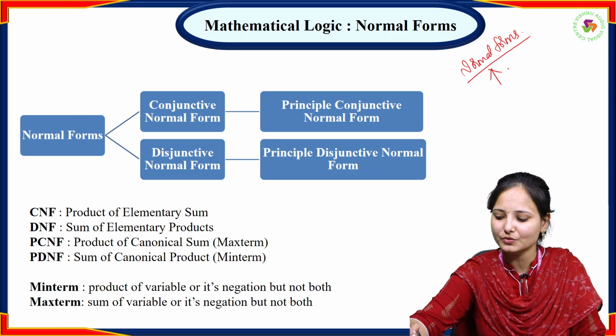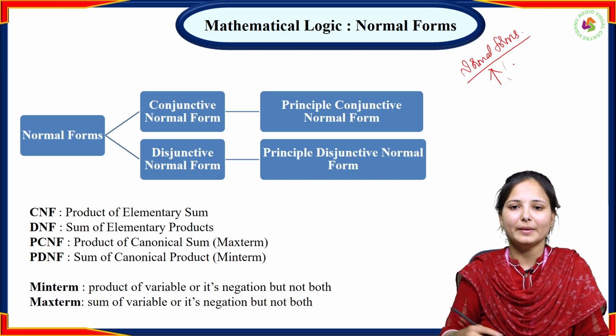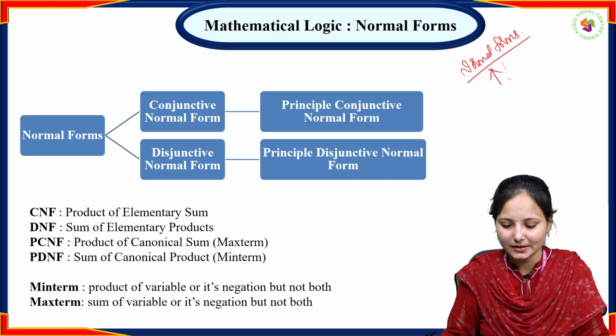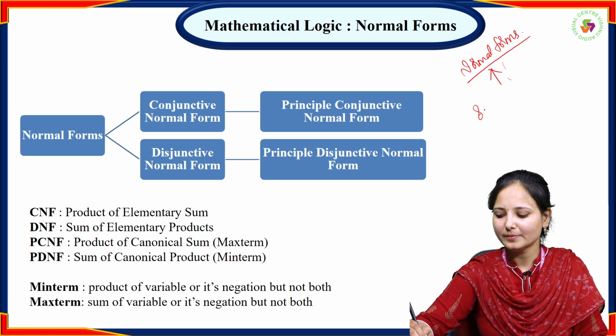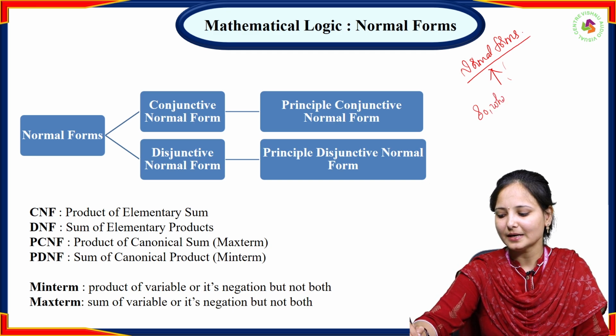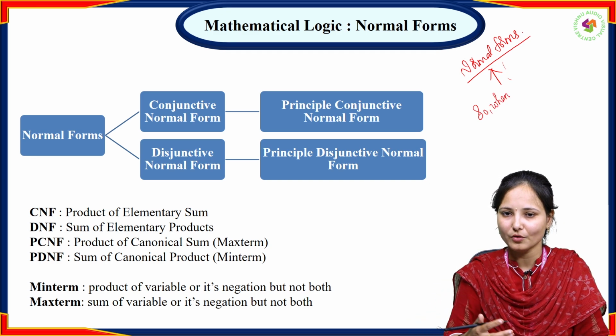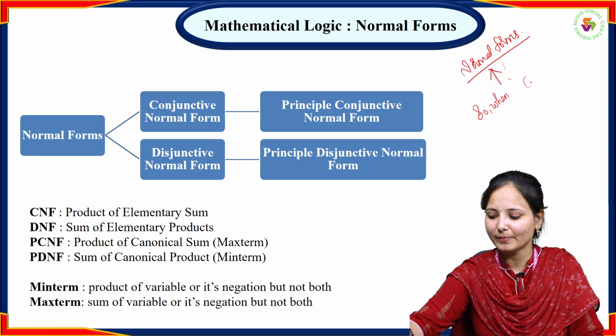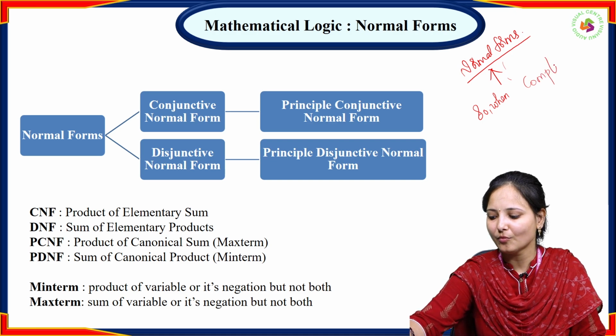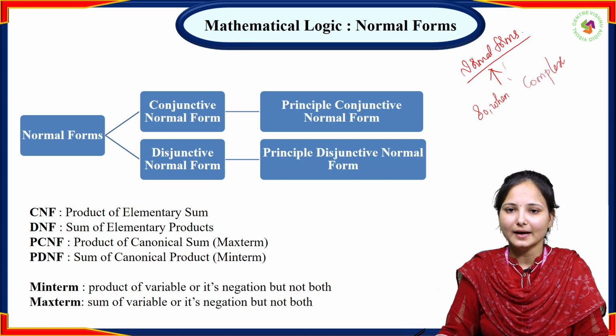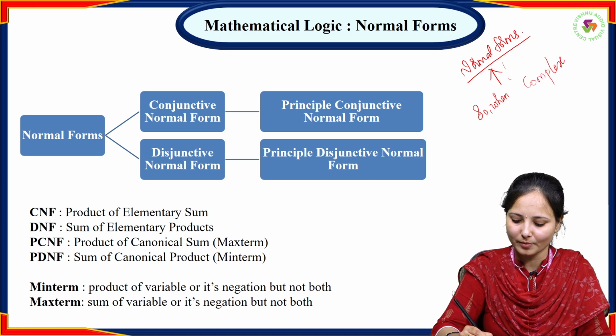So we are going to use normal forms for making the calculations of our decision problems. When the number of propositions is more, it becomes complex to solve using truth tables. At that moment, we use the term normal form.